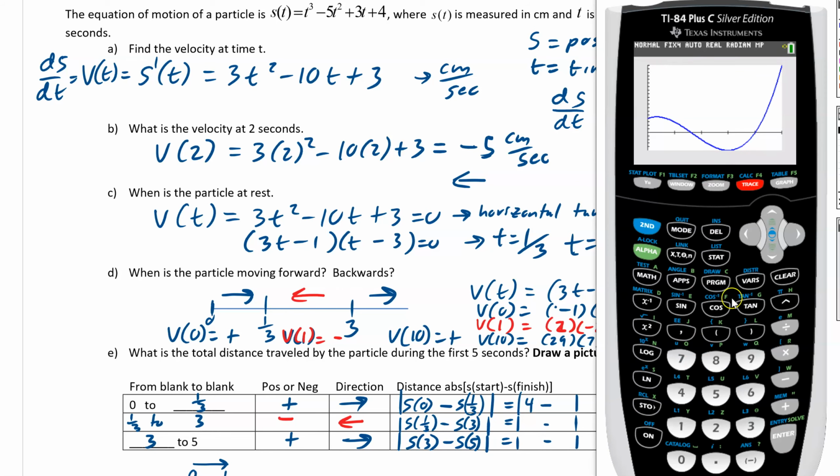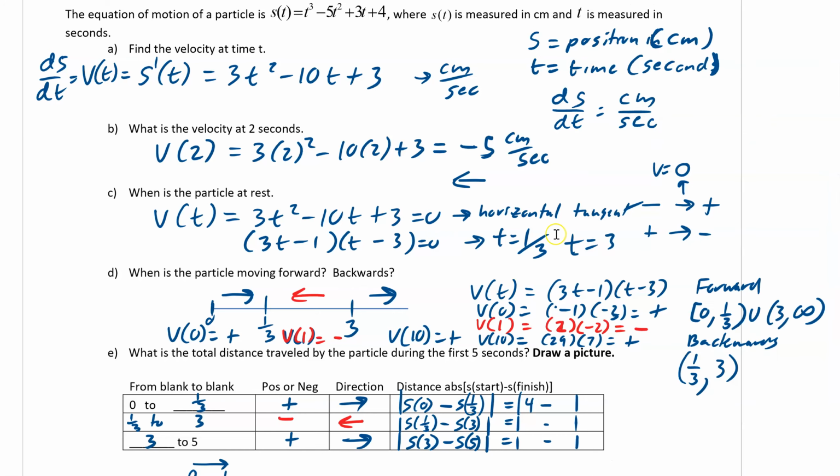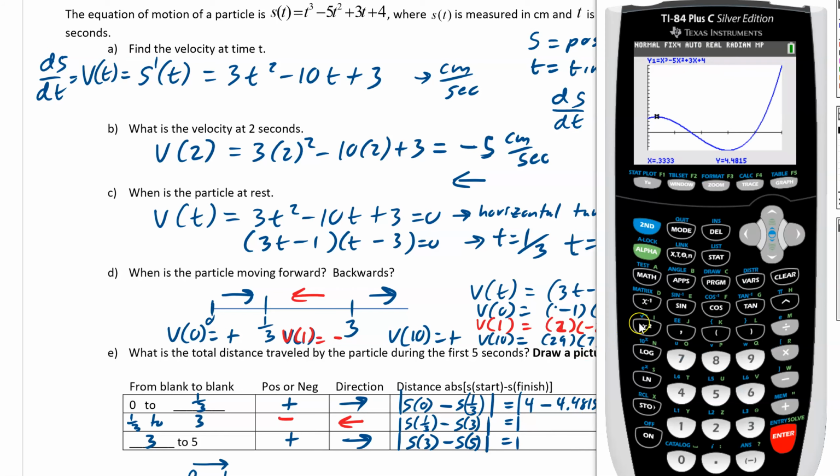Now if you hit trace and then 1/3, it says it's 4.4815. So I should probably just erase this. And then we do it again. So s of 3, so trace 3 is -5.